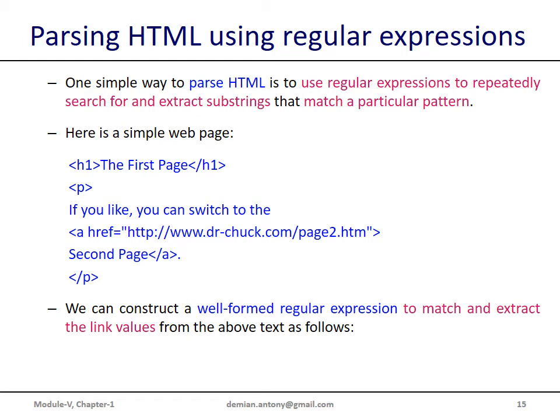This is what we have to do: construct a well-formed regular expression for a given match, so that we can extract all the hyperlinks that are present in the page.